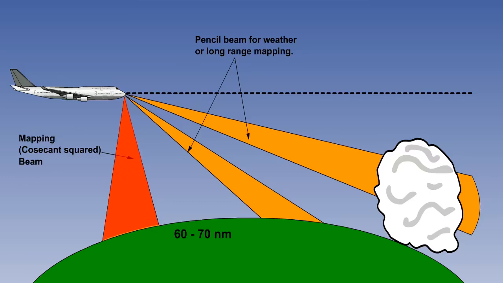This reduction in power is a function of the cosecant of the depression angle, hence the name cosecant squared beam. The dimensions of the cosecant squared or fan beam are 85 degrees deep in the vertical plane and 3.5 degrees in azimuth.